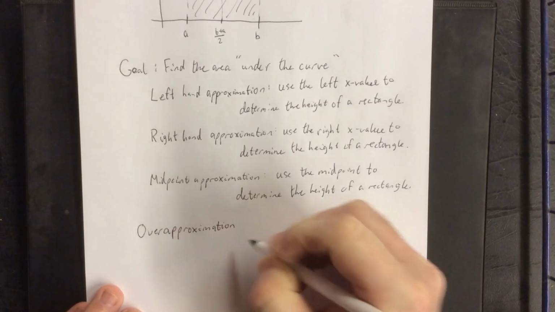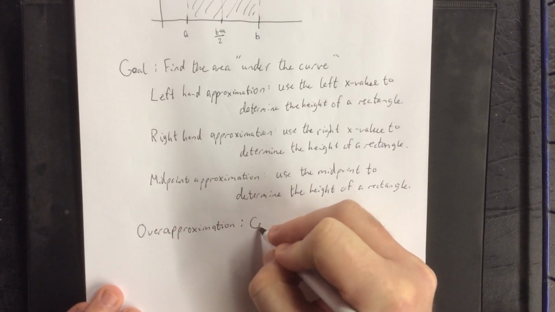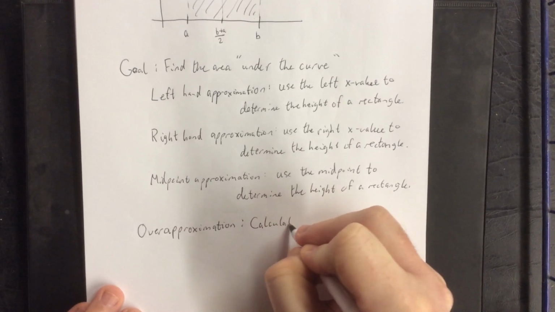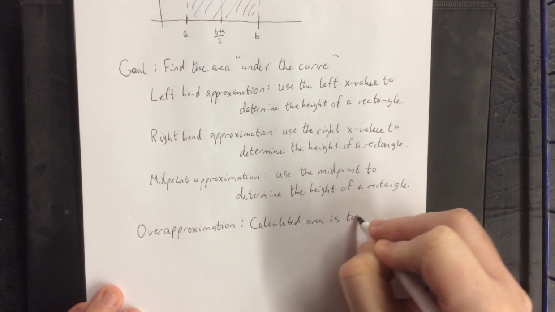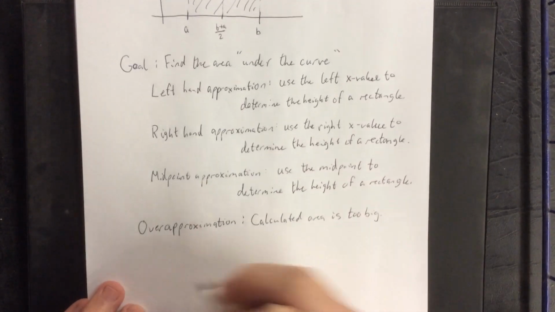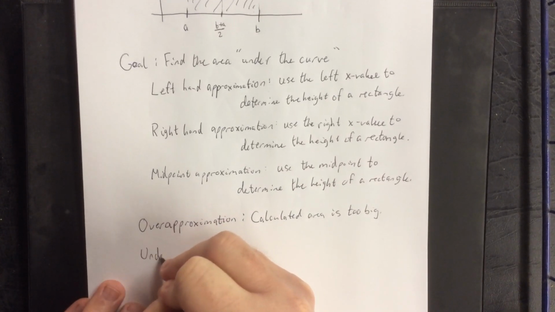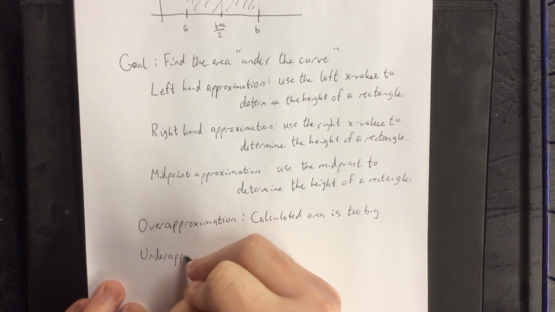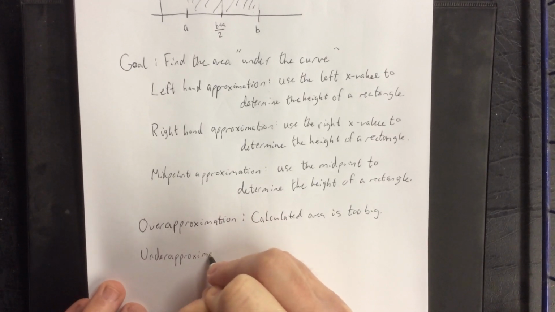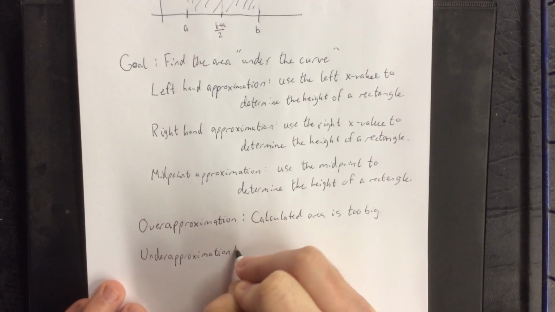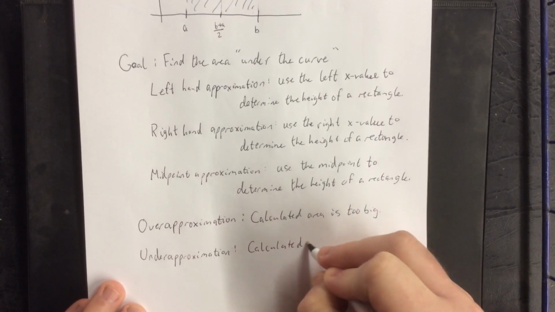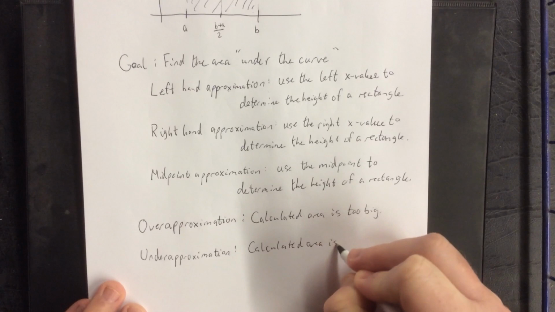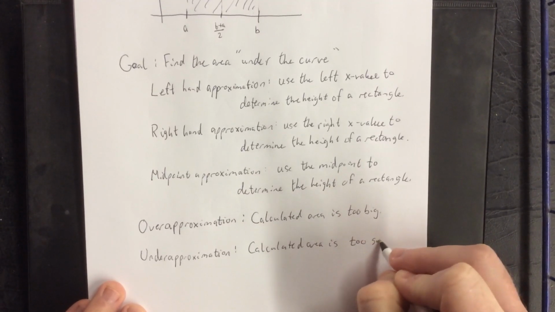The over approximation, where the calculated area is too big. We also have the under approximation. I imagine you could probably guess what it means at this point, but the calculated area is too small.